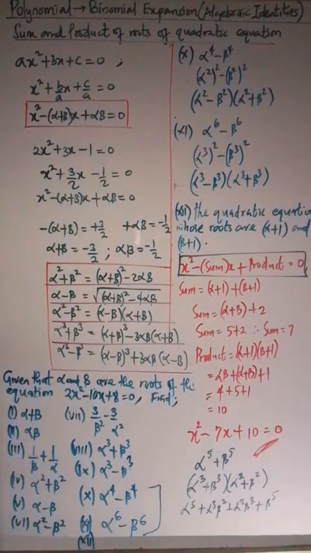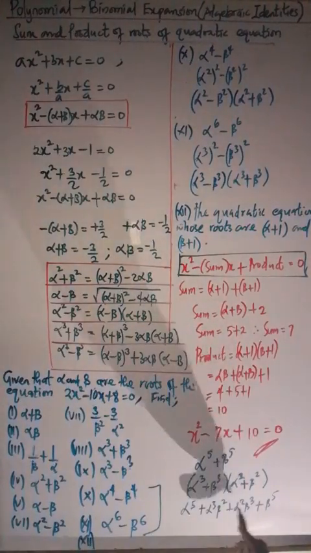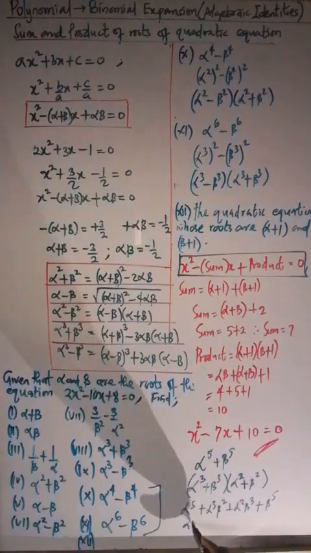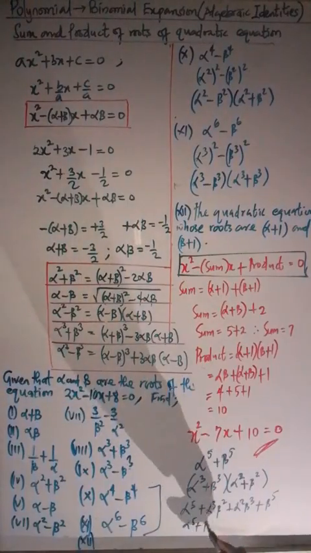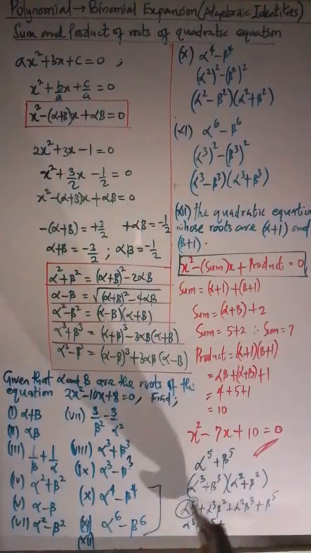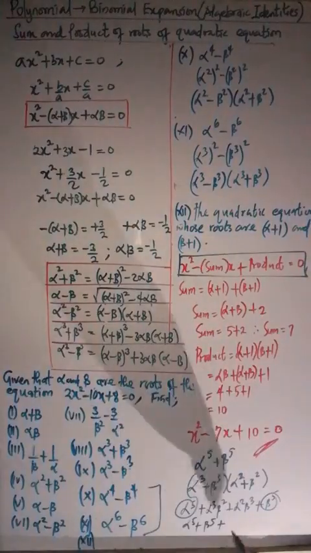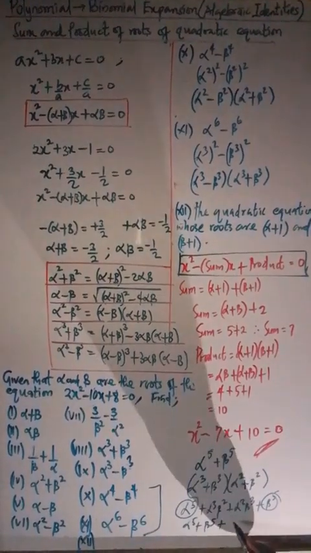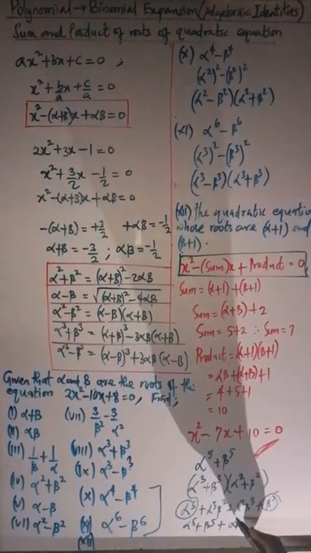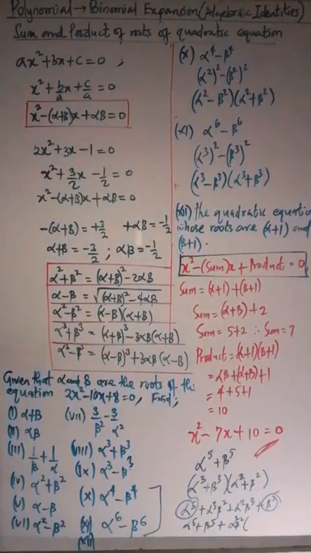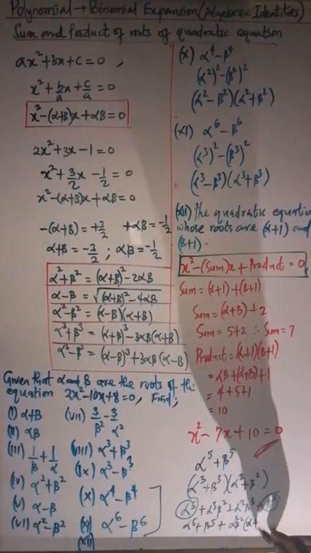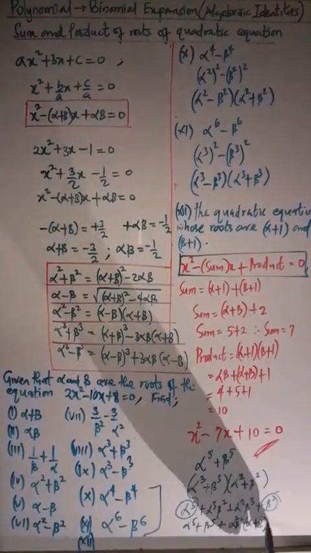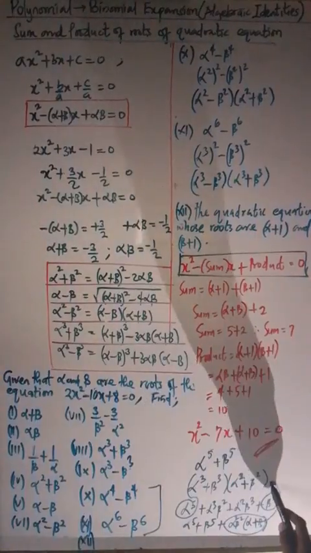So meaning, if we remove this, we can continue and say alpha raised to power 5 plus beta raised to power 5, this and this together. Then for these two, something is common. Alpha squared beta squared is common. So if I factorize alpha squared beta squared here, we are left with alpha plus beta. So if we remove this from this, we get this.